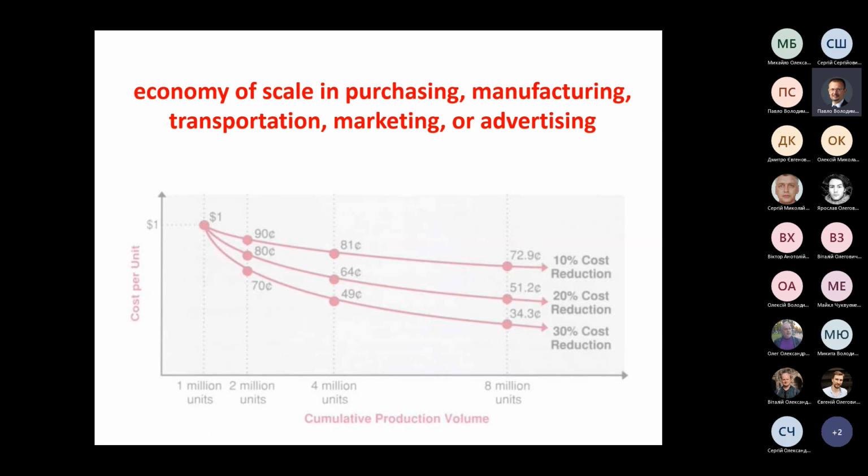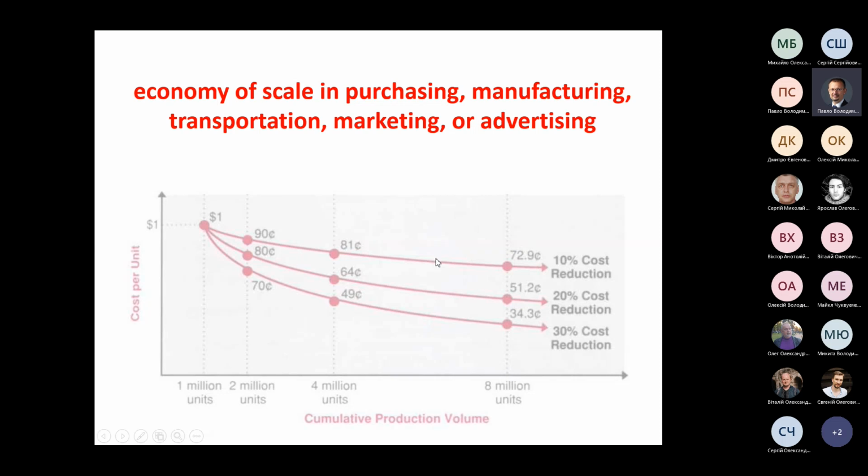And actually I took this picture from the book which can be found in our common folder. I uploaded this book. This picture was taken from Thompson and Strickland, Strategic Management.